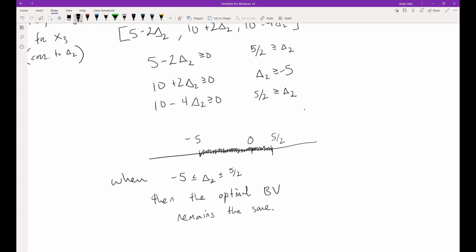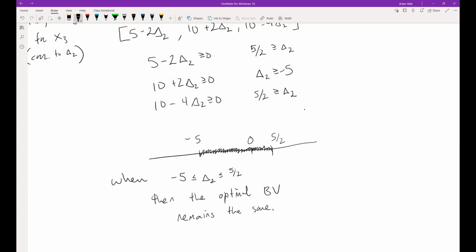Alternatively, our solution might change if the profit of toy trains becomes really big. What if the profit of toy trains becomes so big, we say, well, let's just only focus on trains. We're not going to make toy soldiers anymore. So that's why it's not uncommon to see a range of values. It's not just how much can we decrease or how much can we increase. It might be bounded below and above.